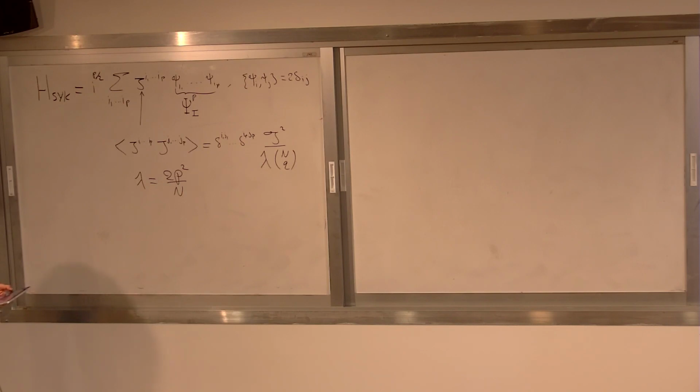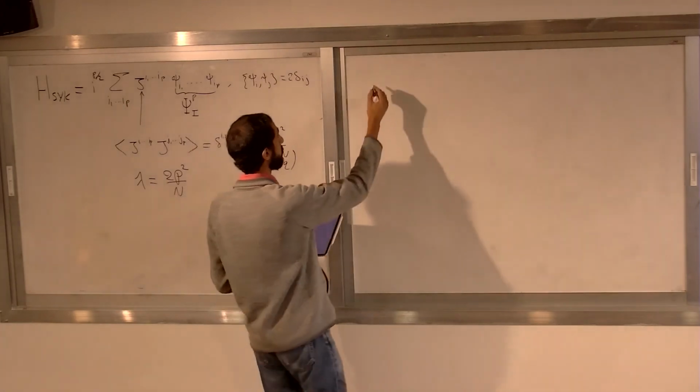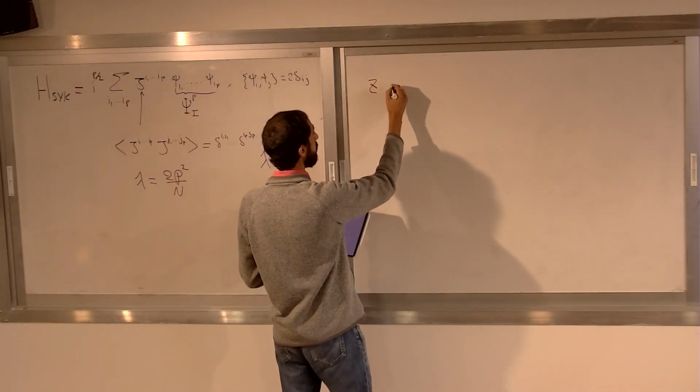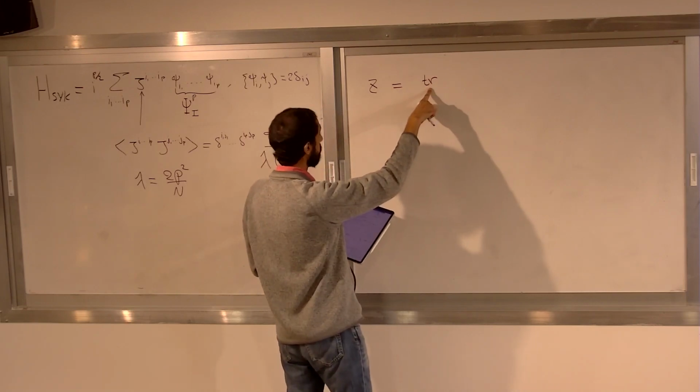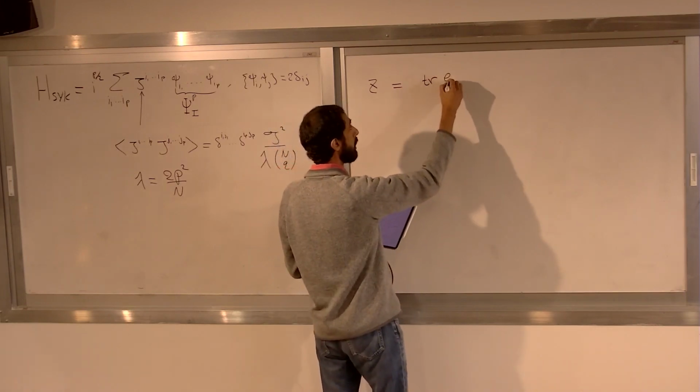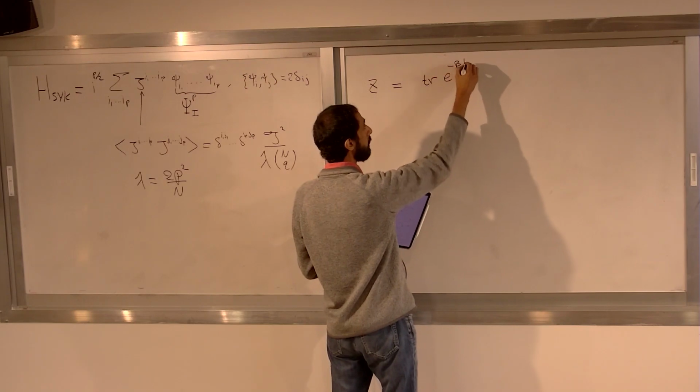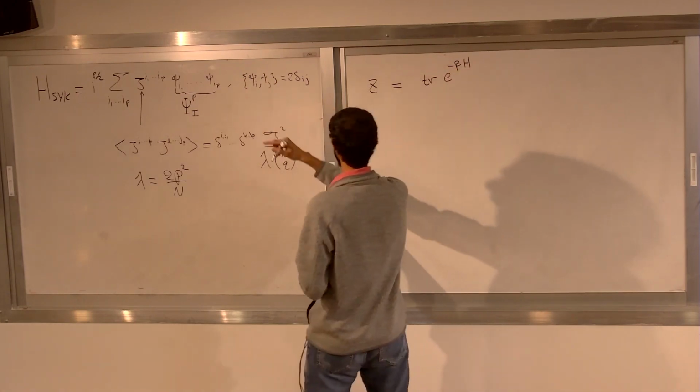Suppose you're interested in computing the partition function. So Z is equal to the Hilbert space trace over the fermions of e to the minus beta H, where H is the SYK Hamiltonian.